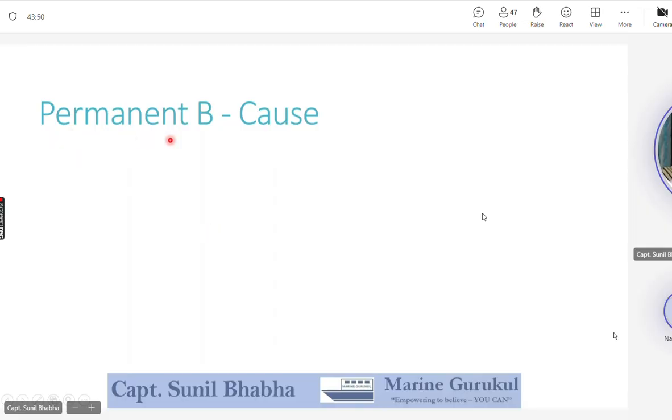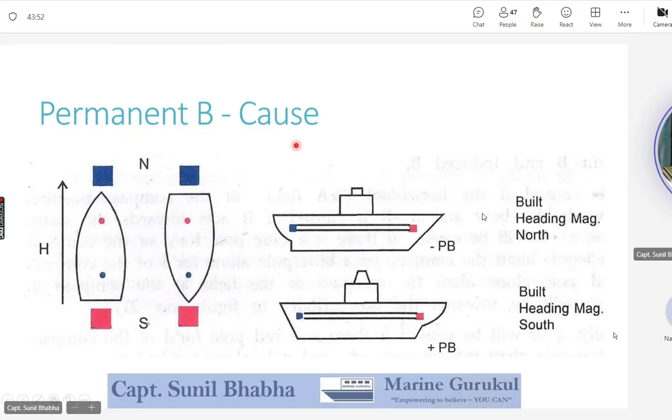Let's now see the cause of permanent B on a ship. Concentrate your attention on the first diagram on the left-hand side, where the laser pointer is right now. Let's assume that this ship is being built in the yard on a northerly heading.